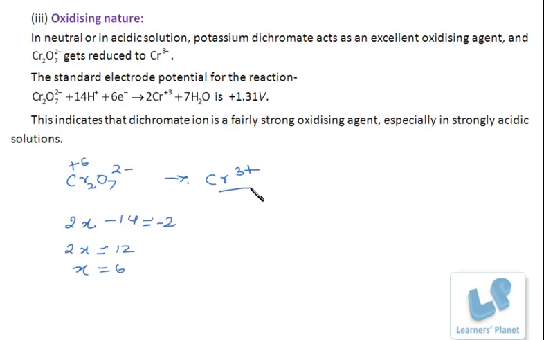It's plus 6, and it will take up 6 electrons. The oxidation state of chromium over here is plus 3. Now there are 2 chromium over here, so you have to put a 2 here, and it will take up 6 electrons, forming the chromium 3 plus ions.